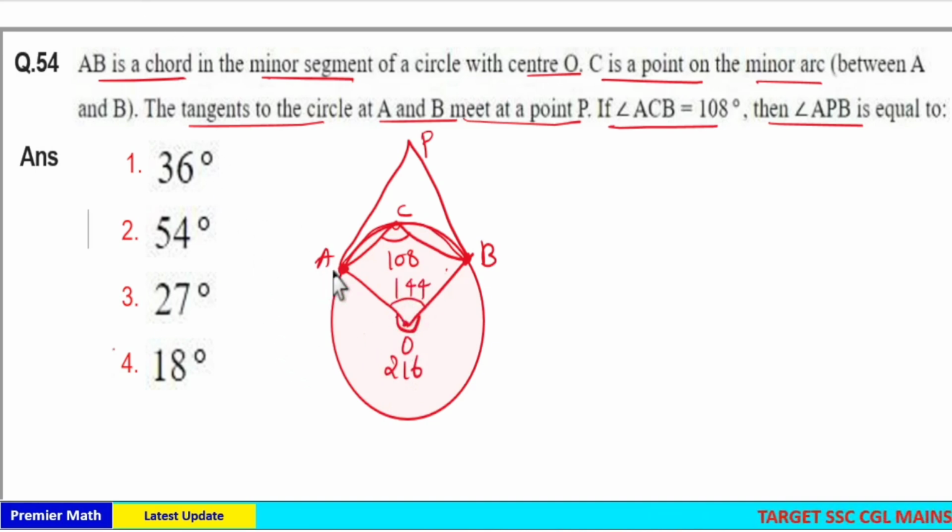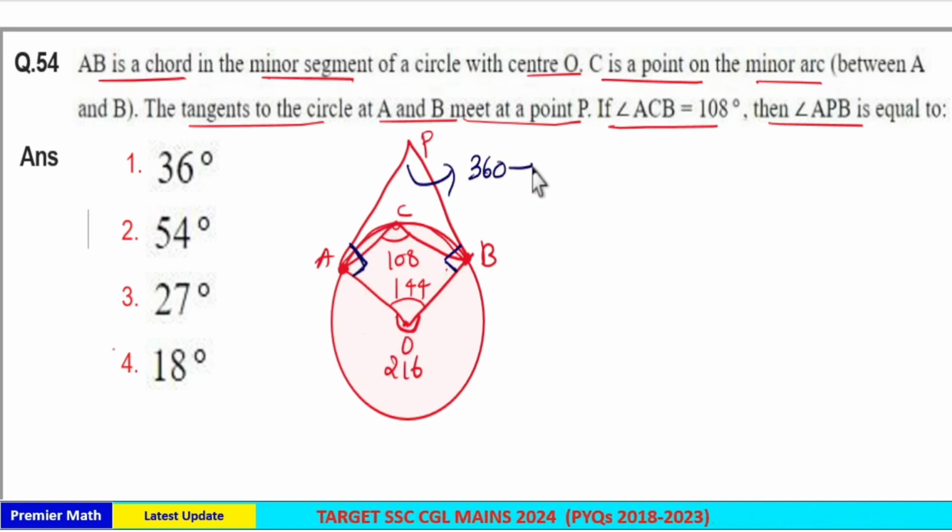And here you can see this is tangent. This is radius and this is tangent. Angle between radius and tangent is 90 degree. This is also angle between radius and tangent, which is 90 degree. Then here this angle is equal to 90 plus 90, 180. 180 plus 144 is equal to 324.